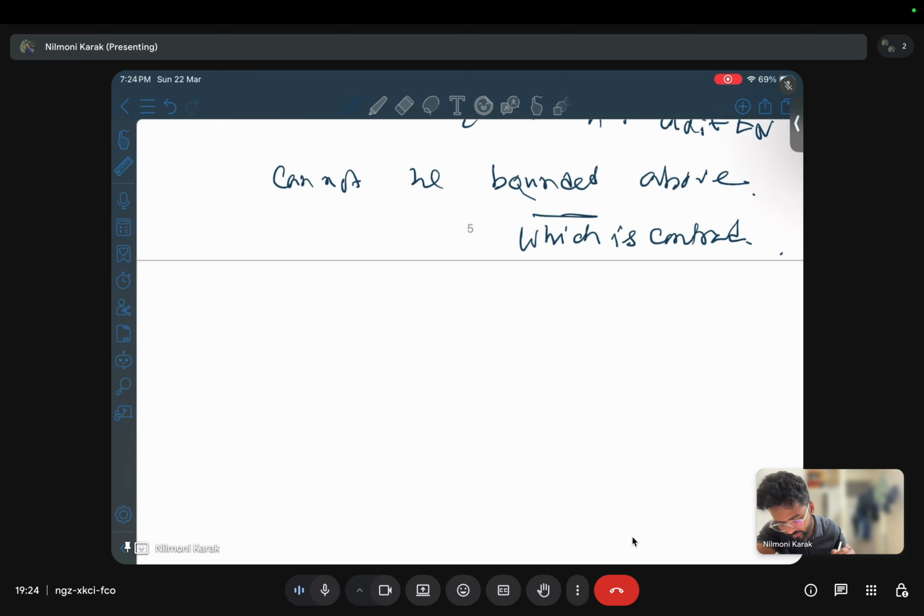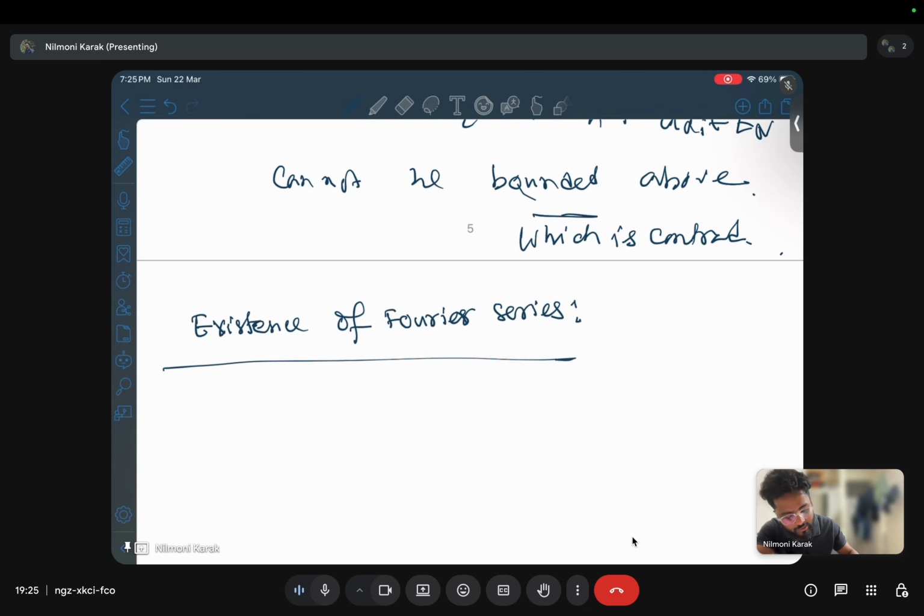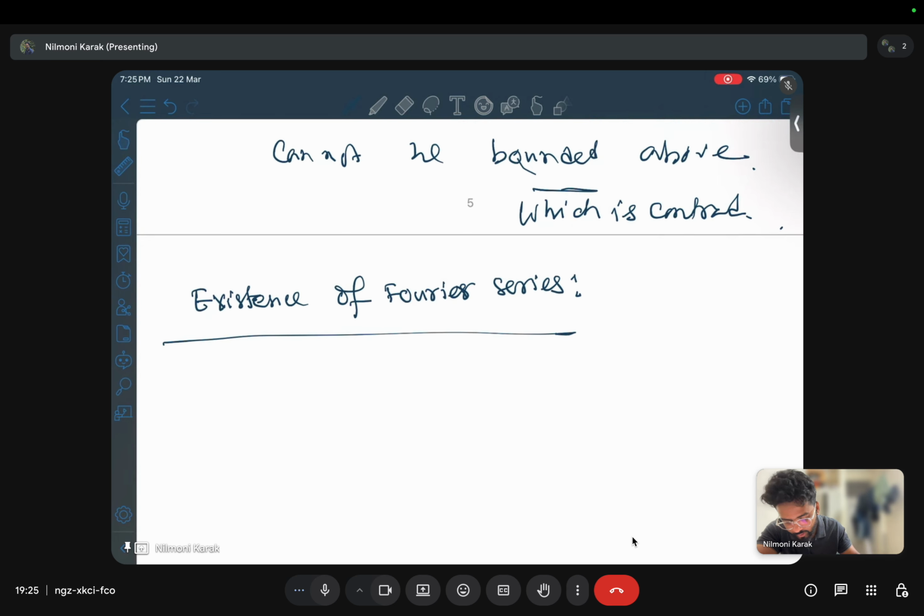Now the next theorem is the existence of Fourier series for this case. So in this setup, the existence of Fourier series. Suppose, this setup is more abstract, right? This is more general.